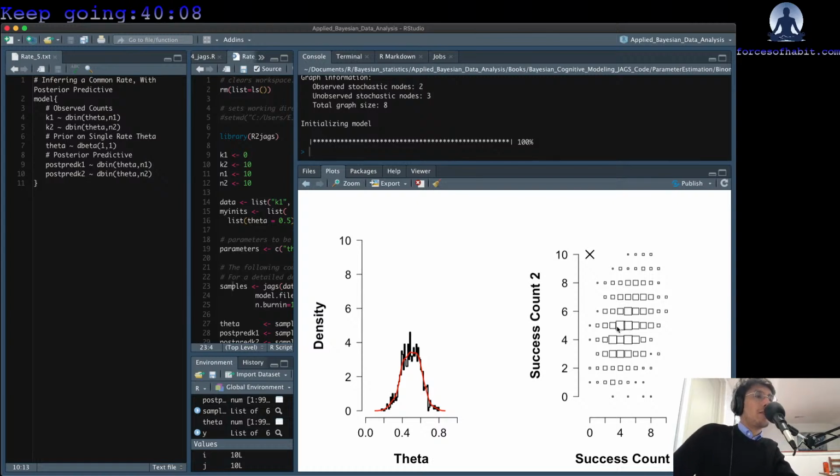with the largest squares representing counts for probability, like discrete counts.